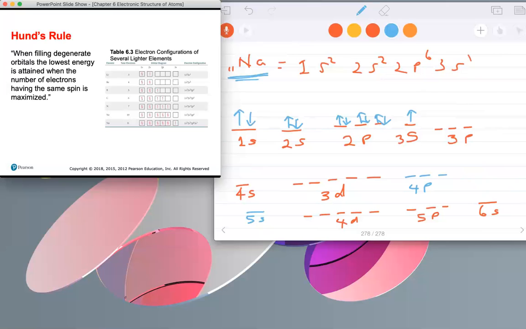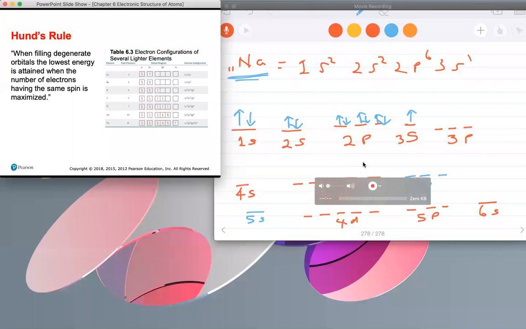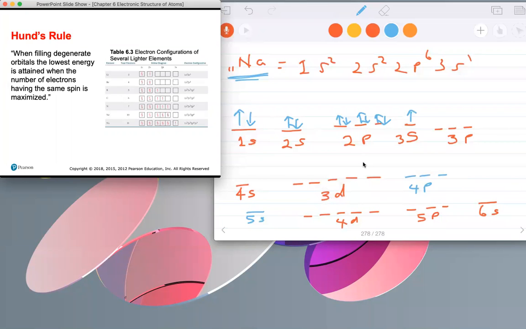That is not the criterion I should use, the way we did in the first method. Sometimes somebody might trick you and start pairing them up. Remember, the degenerate orbitals are singly occupied first before you start pairing them up. Any question on the second method?